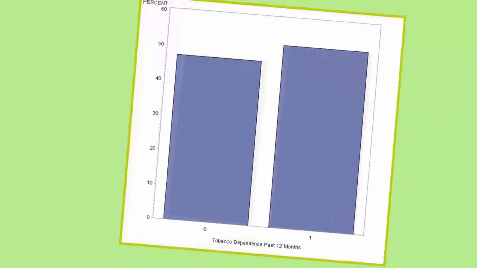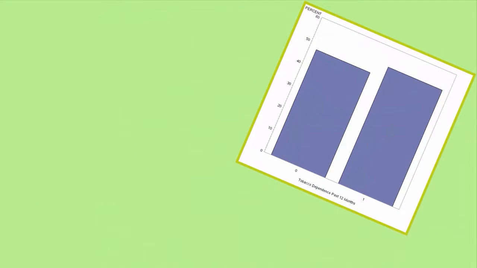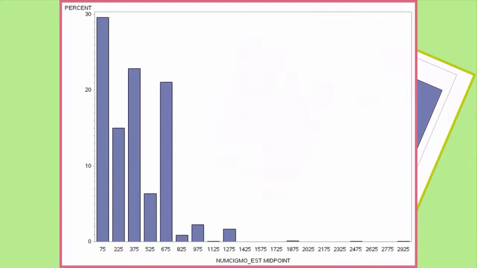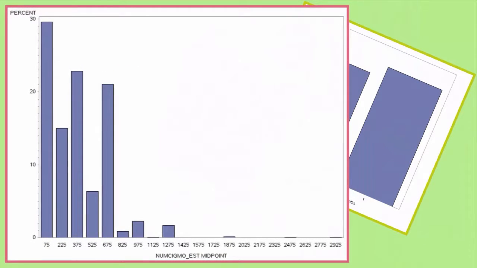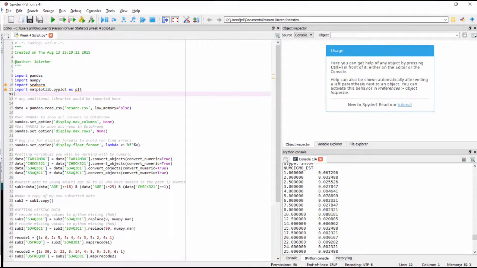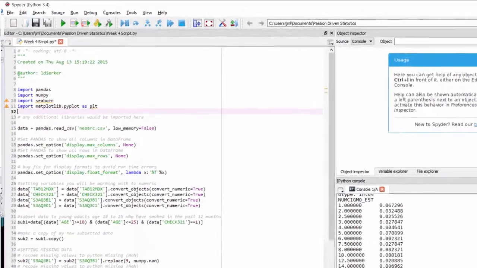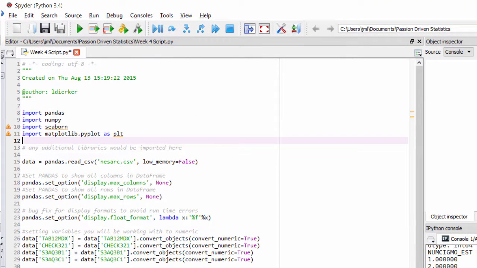In addition to frequency distributions, we also want to examine corresponding bar charts for these two variables as well. The bar chart is one of the most frequently used graphic visualizations. When visualizing data in Python, we'll need to import additional libraries into our program. First, we will import the Seaborn package with the syntax import seaborn.